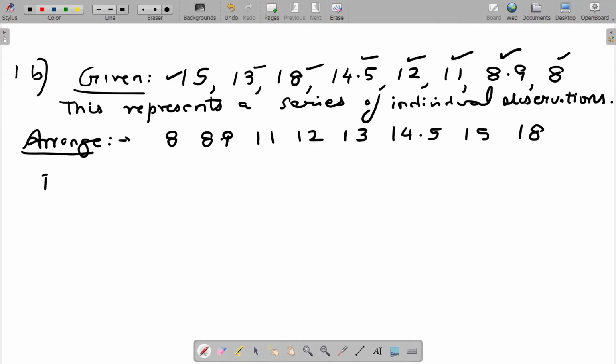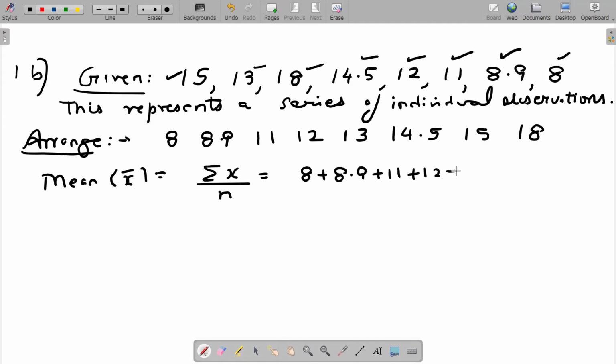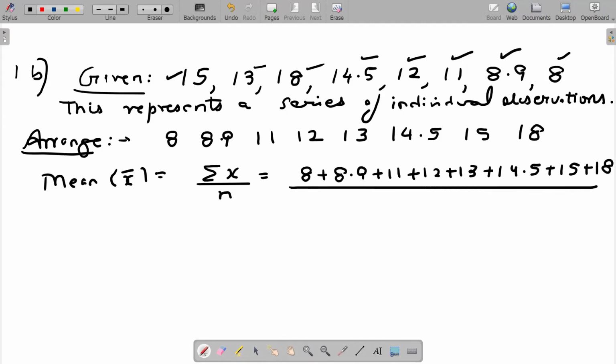Now calculating the mean is quite easy. Mean x bar is simply the sum of all the x's over the total number of observations. So 8 plus 8.9 plus 11 plus 12 plus 13 plus 14.5 plus 15 plus 18 divided over how many observations? 1, 2, 3, 4, 5, 6, 7, 8 observations.